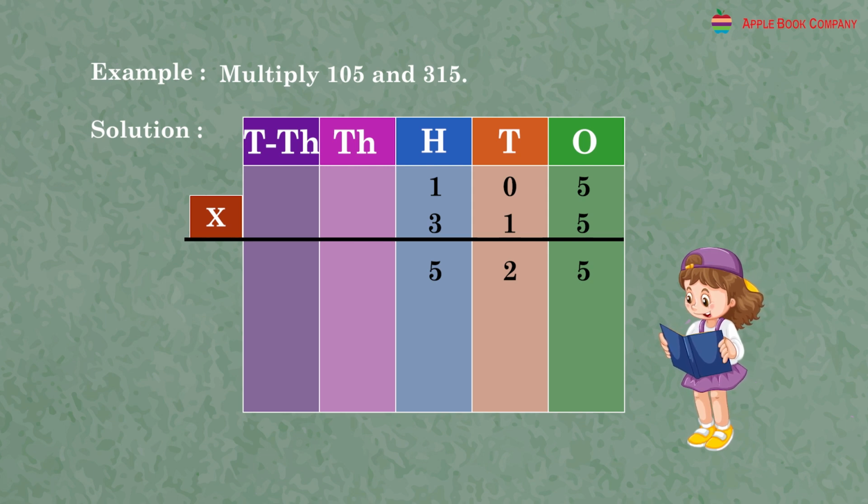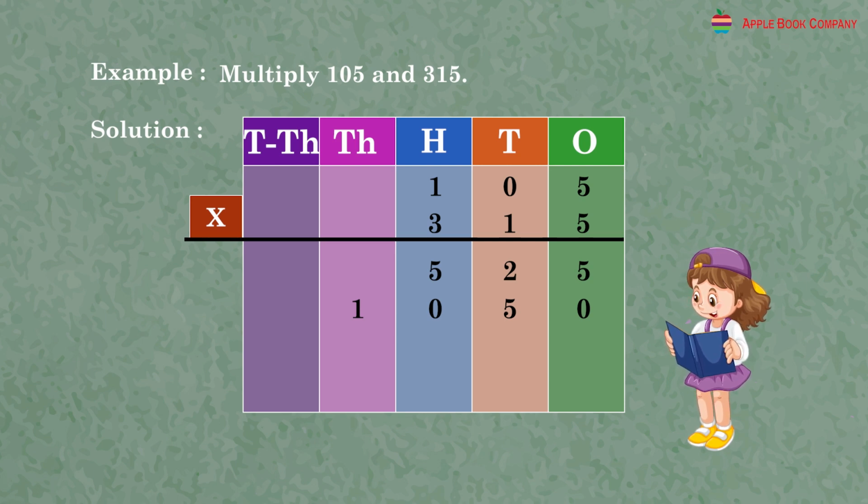Step 2. Multiply the multiplicand by the number of tens place in the multiplier. Tens place multiplication. 105 multiplied by 10 is 1050. Step 3. Multiply the multiplicand by the number of hundreds place in the multiplier.